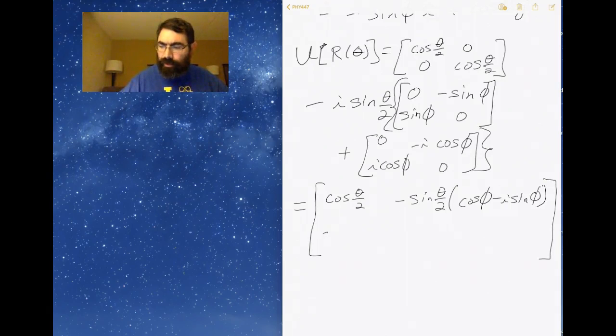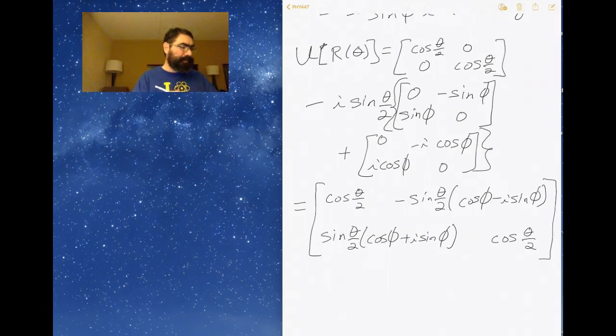And then down here I have positive sine theta over 2 times cosine phi plus i sine phi, and then cosine theta over 2.